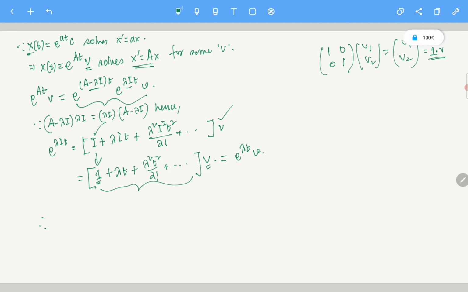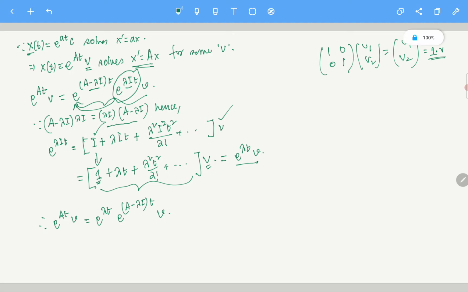Therefore this particular thing, e^(At) times v, looks like e^(λt) times e^((A − λI)t) times v. Clear? Since these are commutative, I can write this thing on this side and that thing on the other side, because AB equals BA in that case.